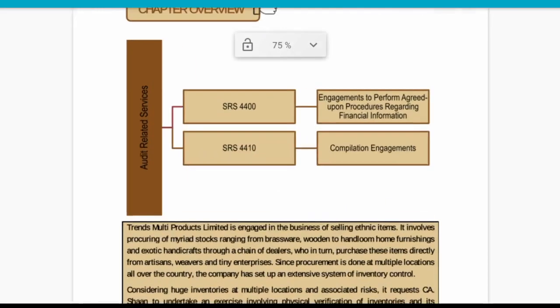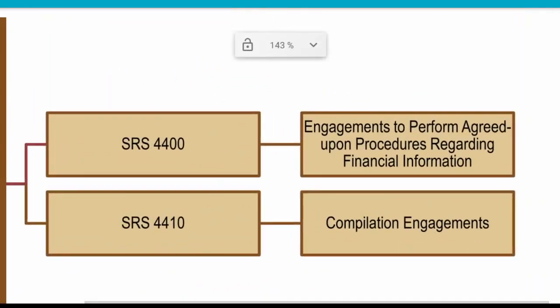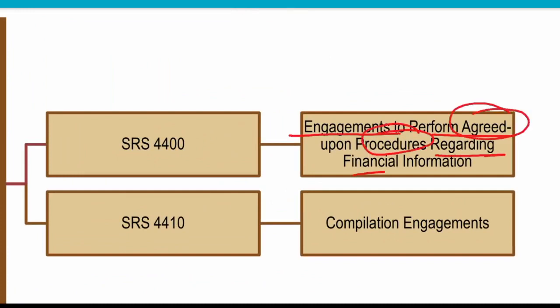So we will understand two kinds of SRS in this particular chapter. One is SRS 4400 and one is SRS 4410. In 4400, we will understand engagement to perform agreed upon procedures regarding financial information.